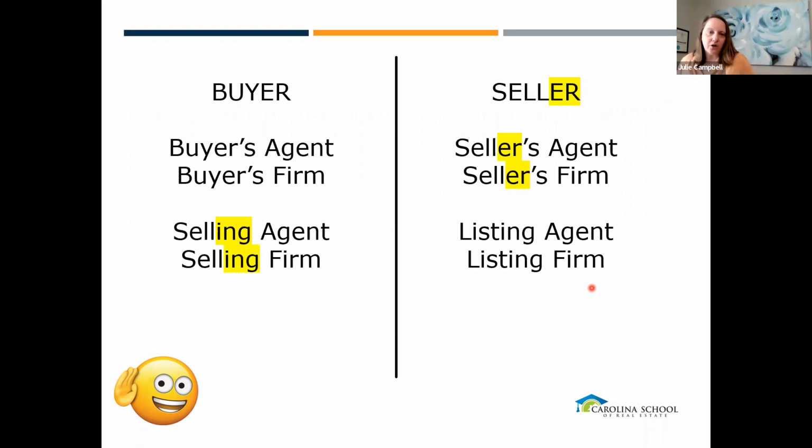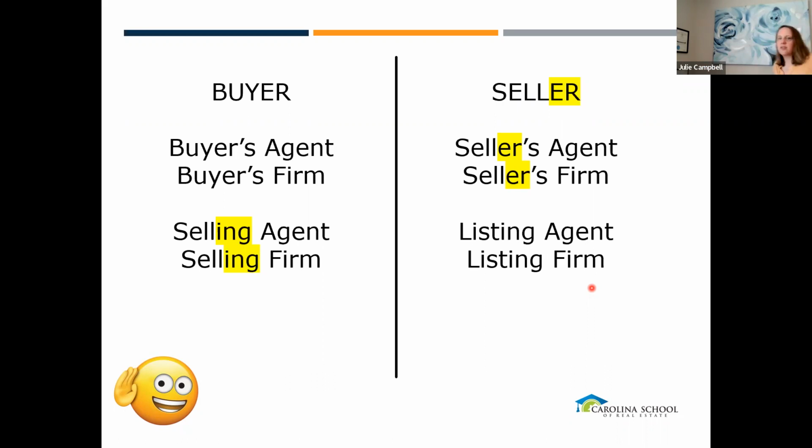The official terms that we're going to see in our agency agreements and our contracts, when we get into Unit 8, the one working with the buyer can be referred to as the buyer's agent, but they can also be referred to as the selling agent. They are selling the property to the buyer.